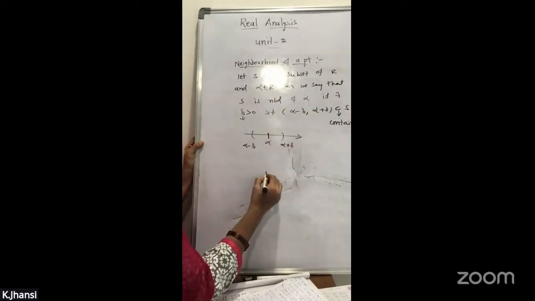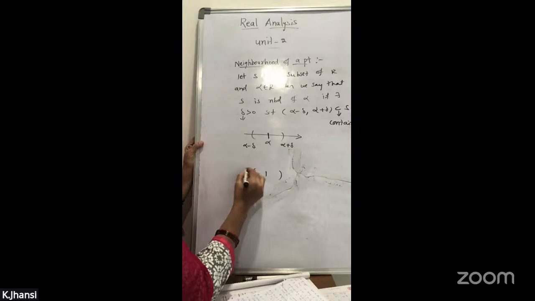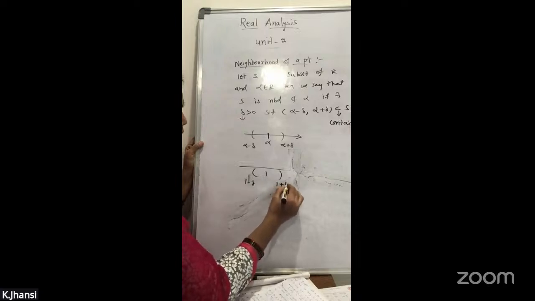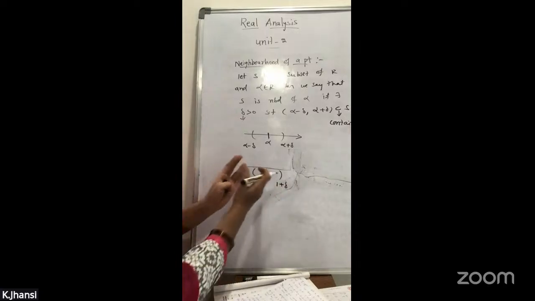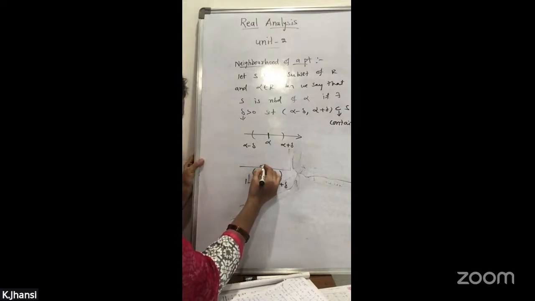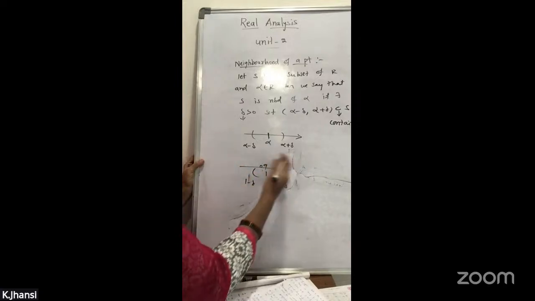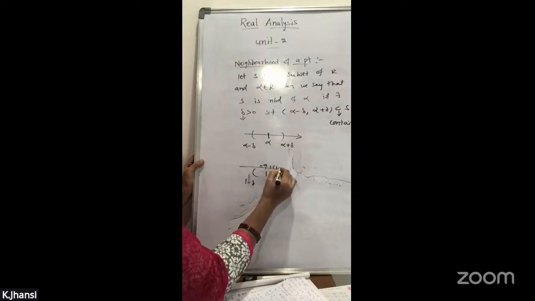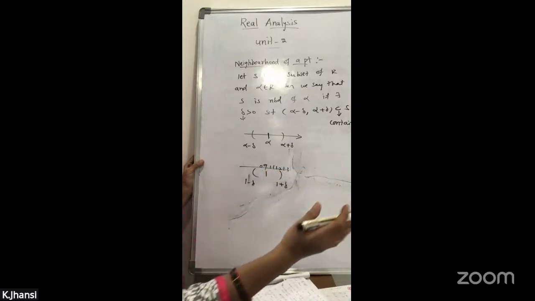Suppose 1 is any point you are taking on the number line. So 1 minus delta and also 1 plus delta. Here before 1, up to here, we have 0.9, no? And after that, 1.1, 1.2, 1.3, and so on, values will be there.